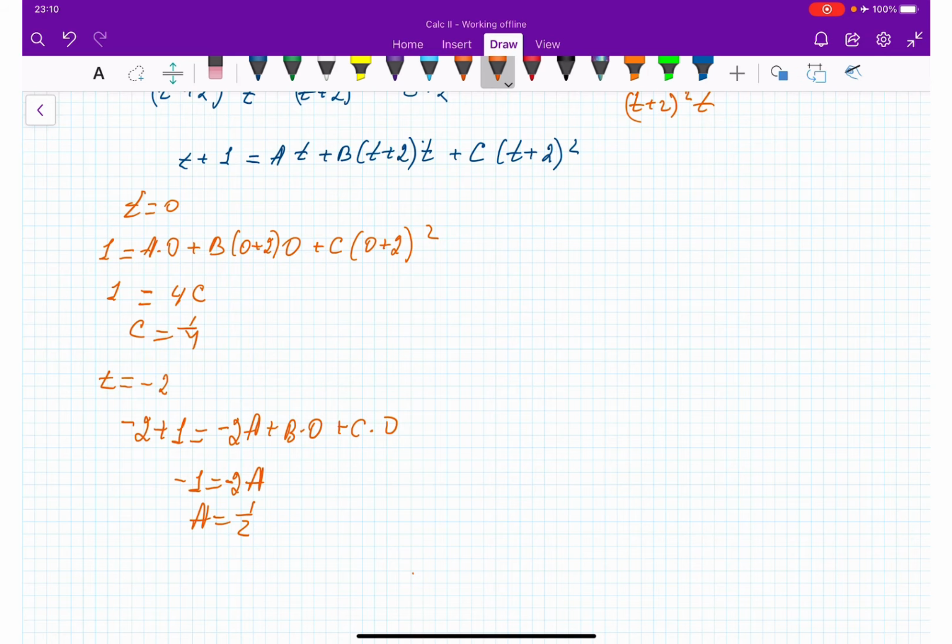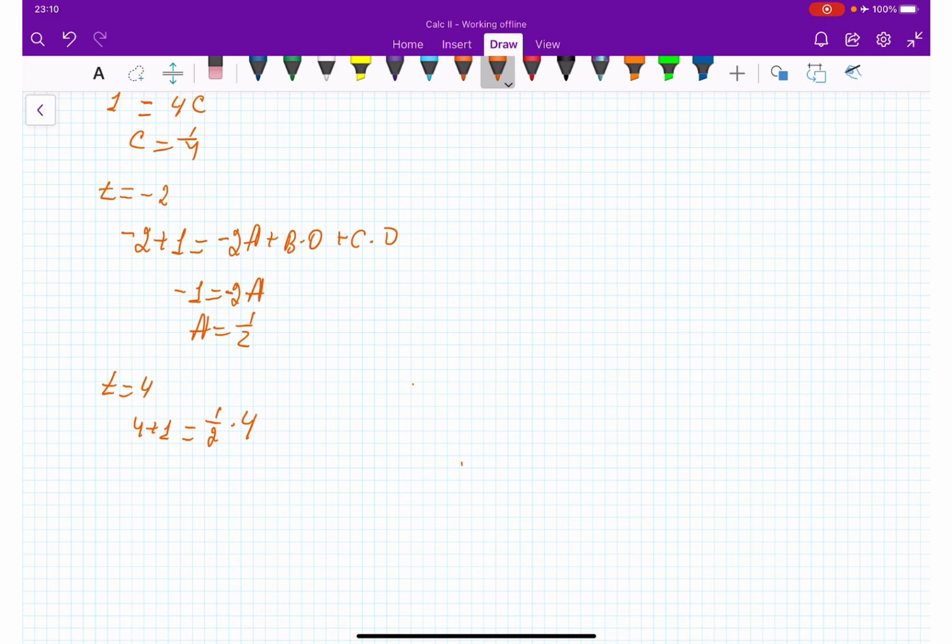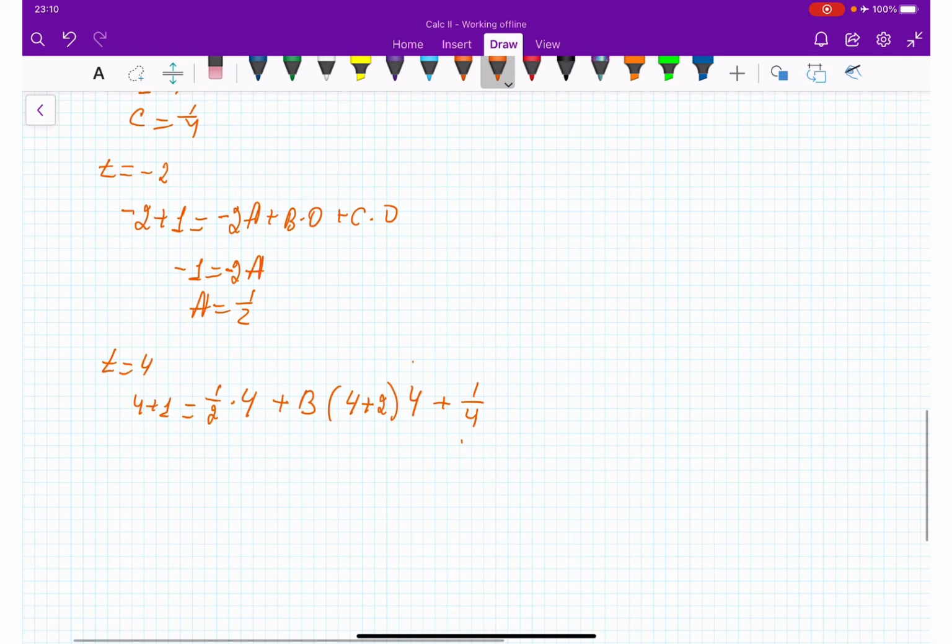In the case of a, 1/2, 4 divided by 2. So t is equal to 4. What do I get? 4 plus 1 is equal to 1/2 times 4, plus b, which I'm leaving alone, times 4 plus 2 times 4, and plus 1/4, that's the value of c, times 4 plus 2 squared.